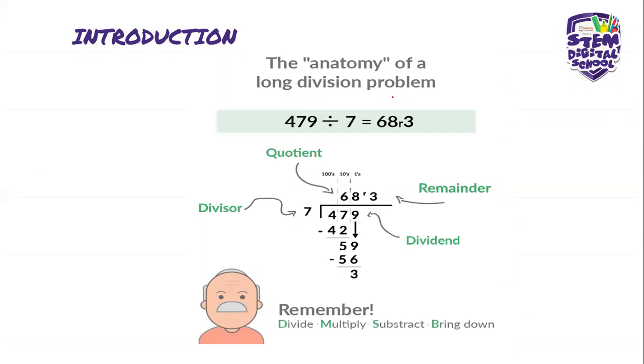Your divisor is the number that you're using to divide the dividend. The quotient is the result of the division, the answer of the division.